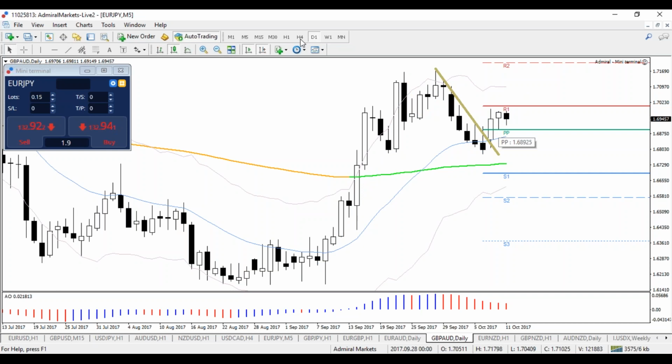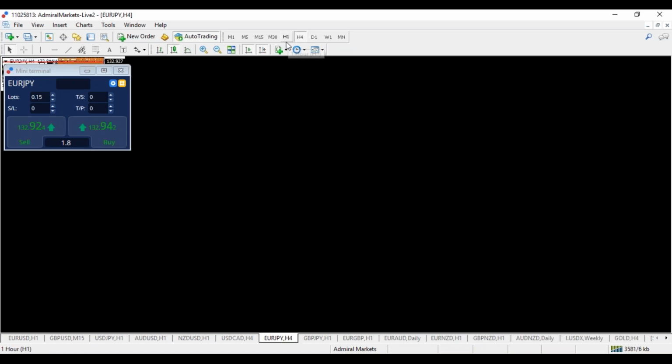Let's zoom in and see if there's anything. I mean, looking at these daily candles, I don't see a particular trade right now. I lost my charts, 1 second. I deleted the pound odd by accident.